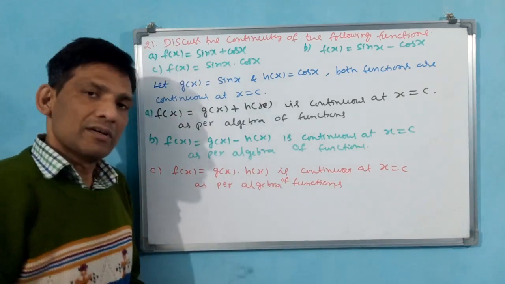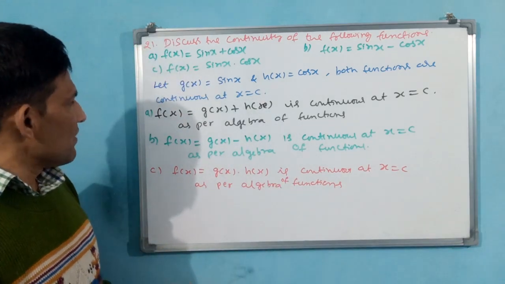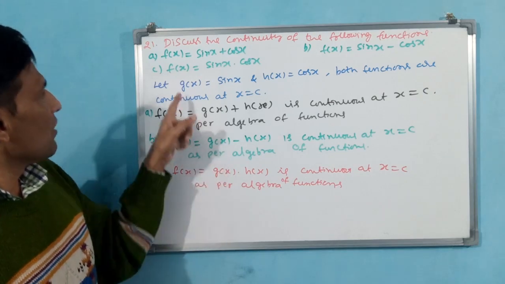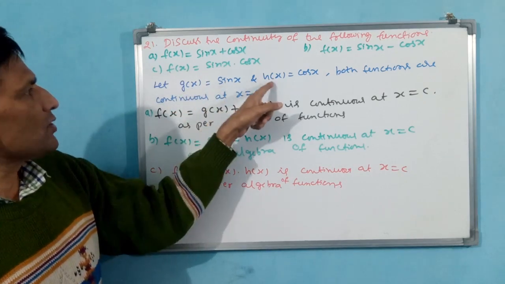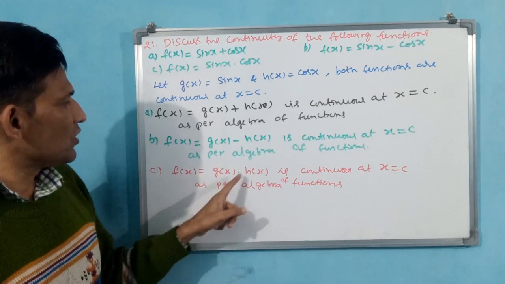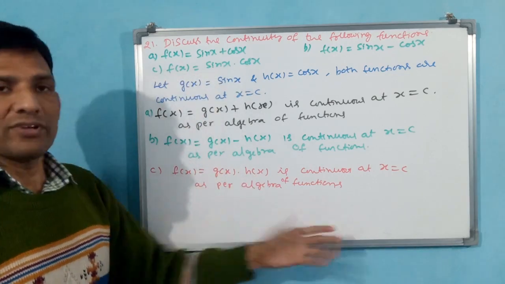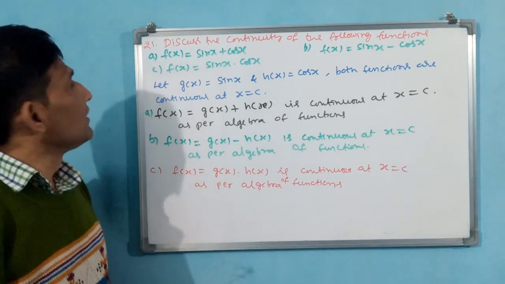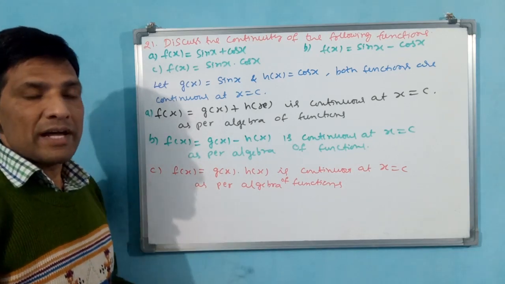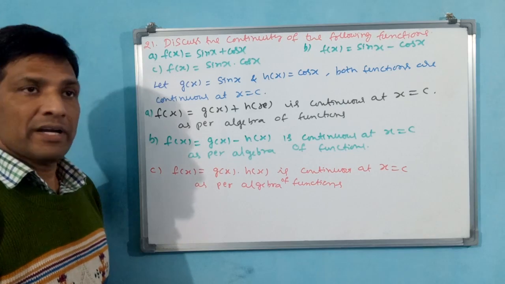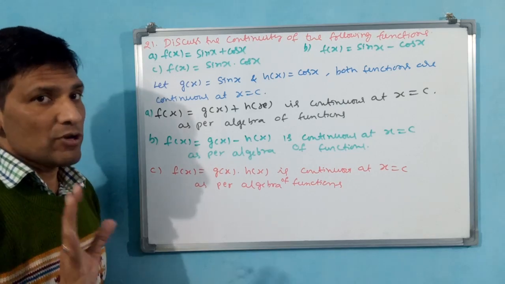Okay, that means over. Why? Because we have already written g(x) is equal to sin x, h(x) is equal to cos x. f of x is equal to g of x into h of x means sin x into cos x, continuous, like we have written. That's all. This will give your answer for your 21st question. Sin x and cos x are continuous, like you have seen.